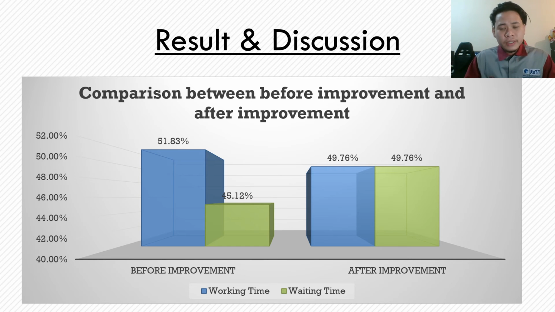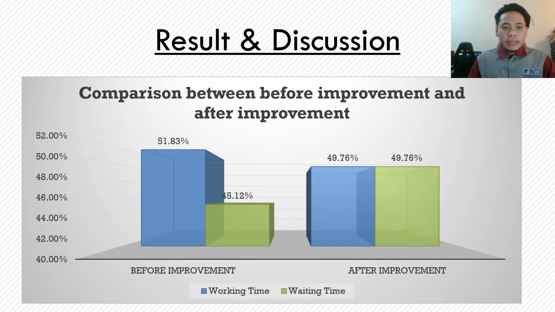So next, for the result and discussion, the comparison between before improvement and after improvement is met for working time and waiting time aspect. Based on the graph shown, working time before improvement is higher compared to the alternative suggested. Working time is steadily increasing with waiting time.